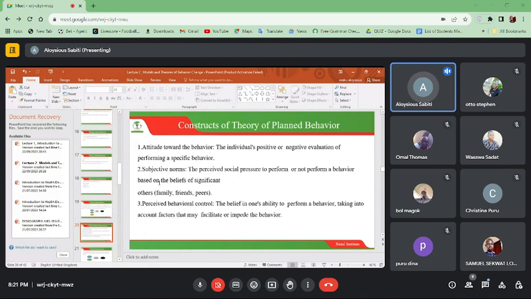What is the level of influence they have on this person to go and attend antenatal care, the 4 visits? But also, what is their perception on the person going to have their delivery at the health facility?